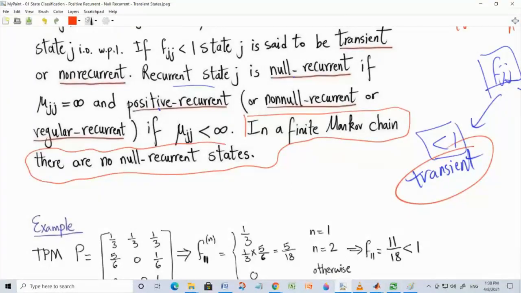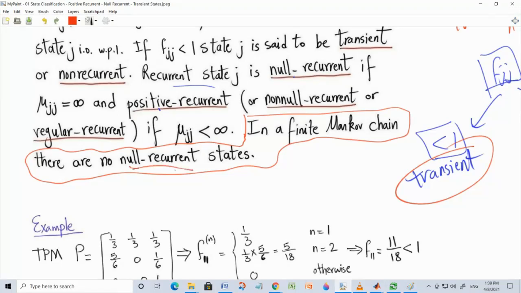Now, there is a statement that is mentioned here, and it is a mysterious statement, and we do not know yet why this can be true, but keep it in mind. If the discrete random variables of your Markov chain assume a finite number of values, so if the state space is finite, then the discrete time Markov chain is composed of transient and positive recurrent states, and you can never have null-recurrent states.